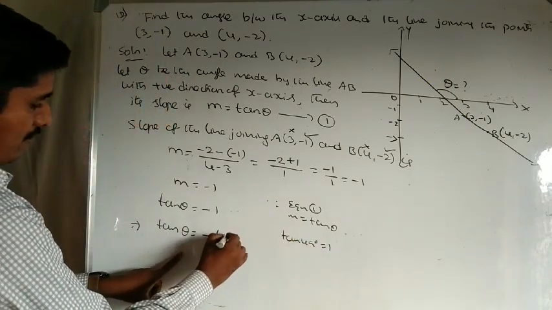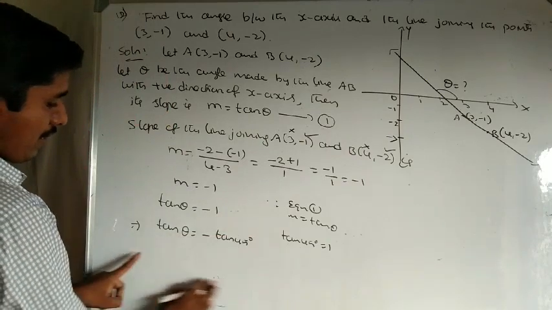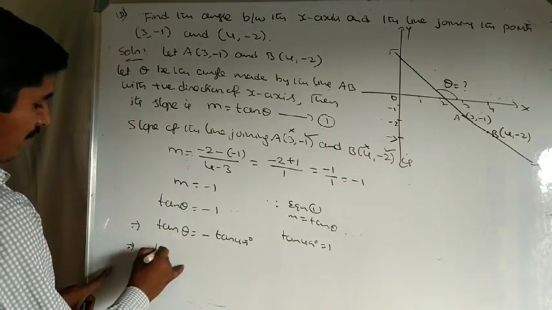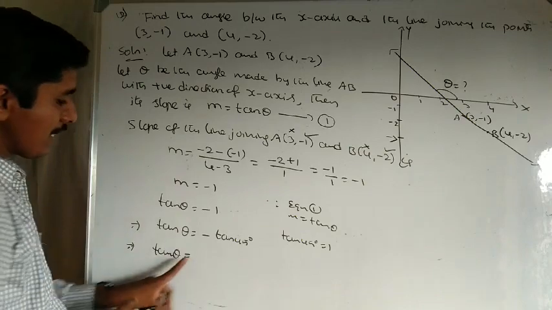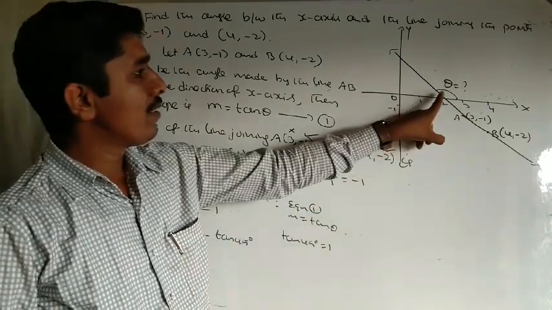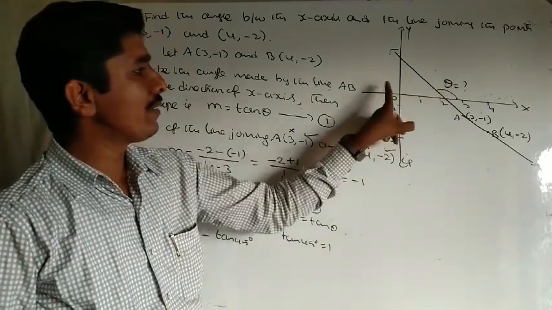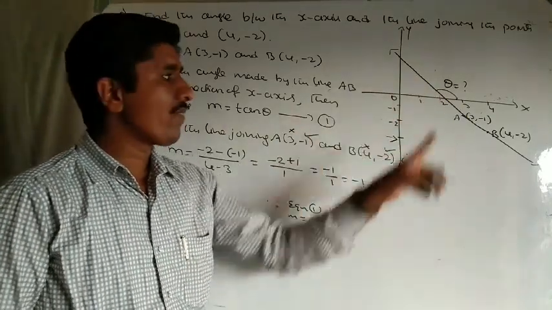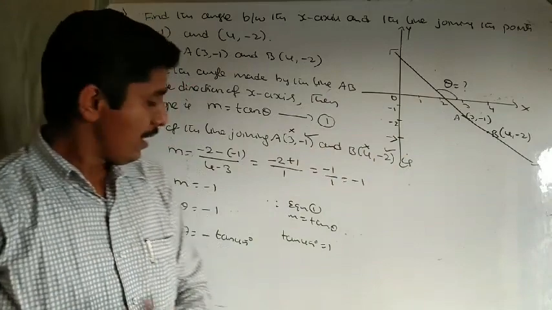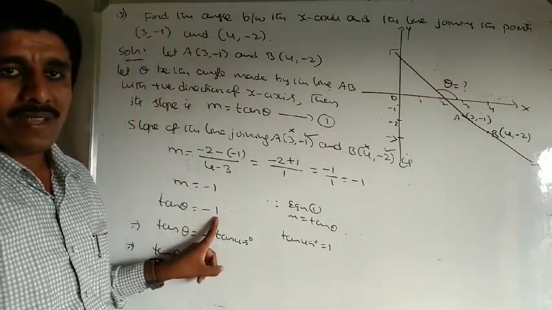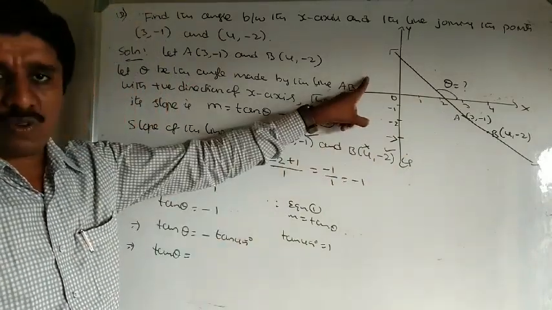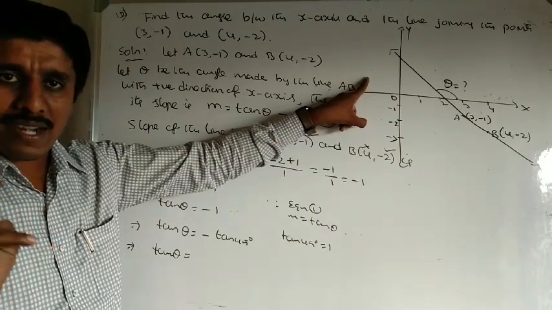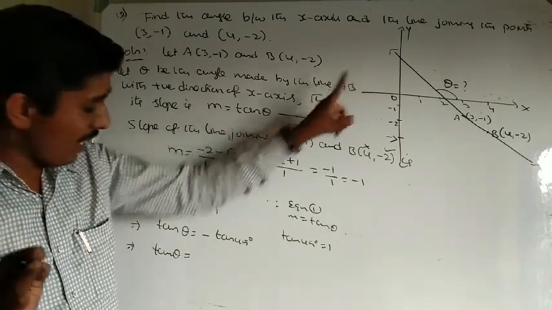Mind it. Tan theta, here theta lies along positive direction of x-axis, 0 to 180 degree. Here tan theta value is negative, means clearly theta lies in second quadrant. I am taking second quadrant angle. Mind it.